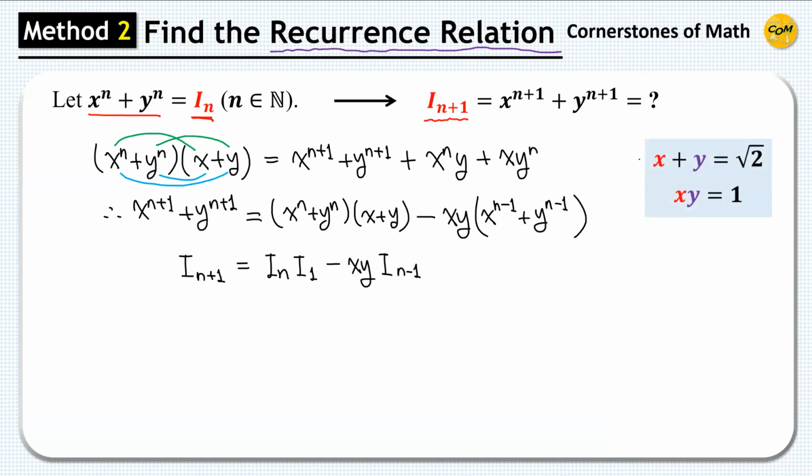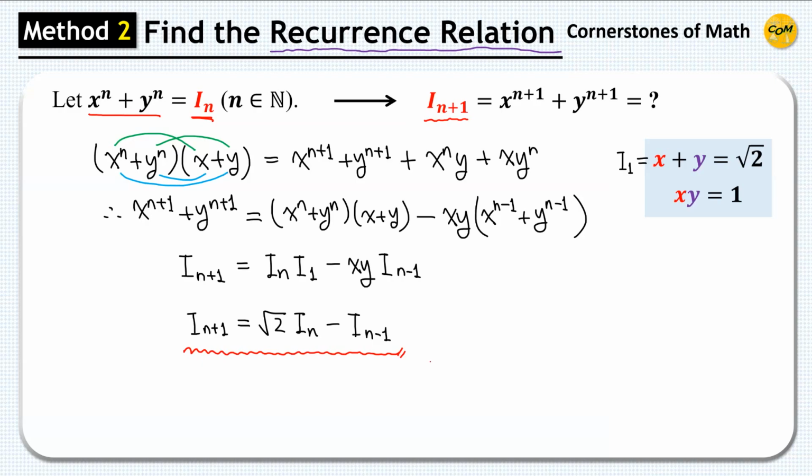Using x + y equals square root of 2, hence I_1 equals square root of 2 and xy equals 1, the relation becomes I_(n+1) equals square root of 2 I_n minus I_(n-1). Using this recurrence relation, we can obtain values of sequence I_n by iteration.